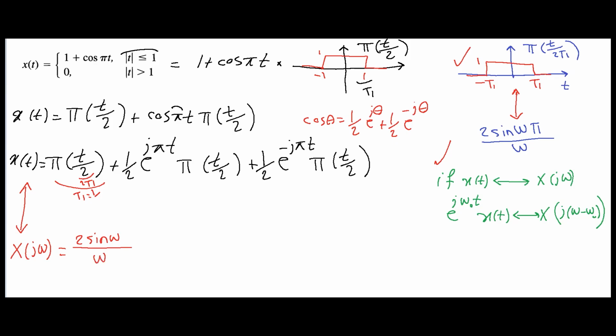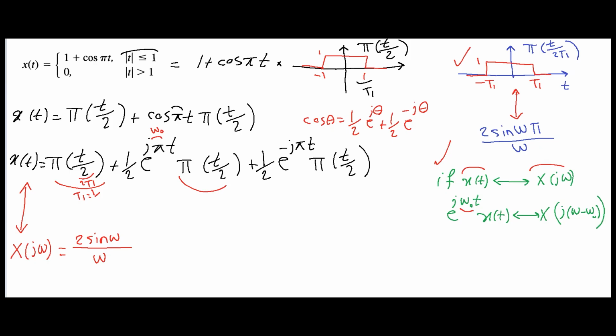Now we apply the frequency shifting property. For the term 1/2 e to the power of j pi t multiplied by pulse, the frequency shift is omega 0 equals pi.